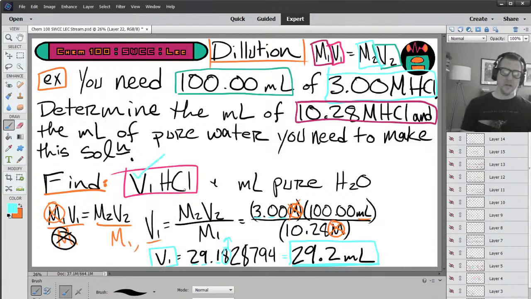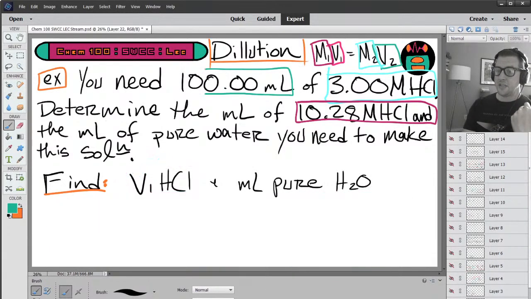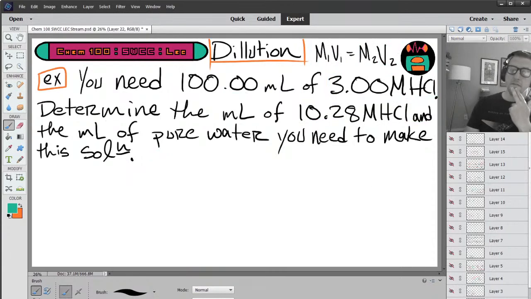So we have V1. Now what about milliliters of pure water? To answer this, we have to think about what is actually going on in the dilution process. All right?